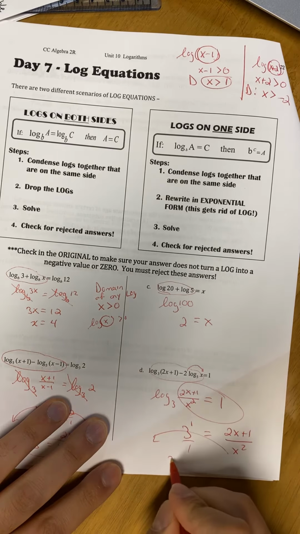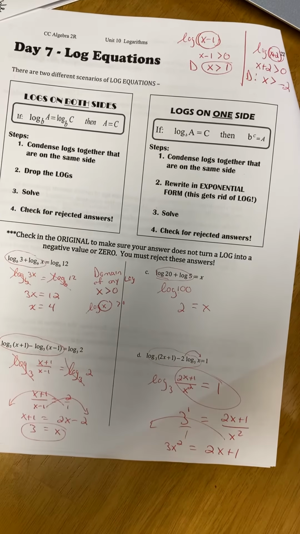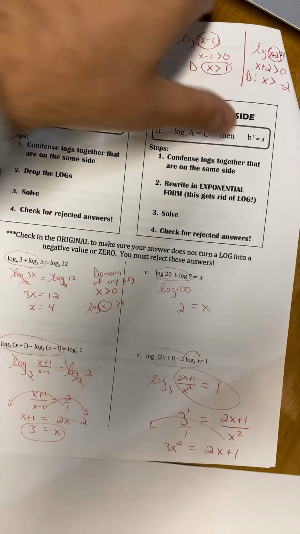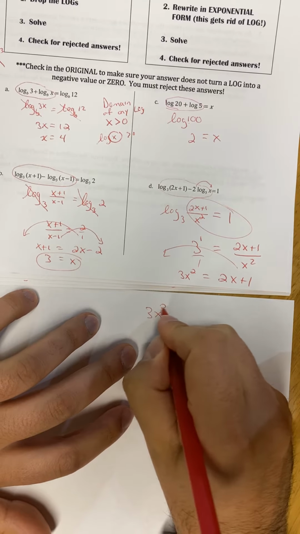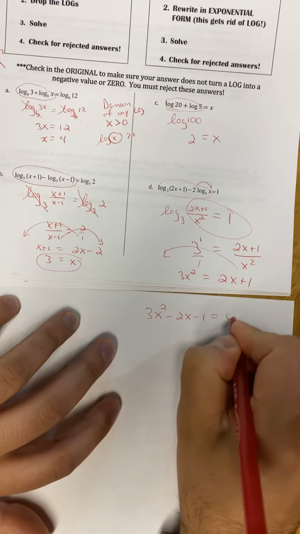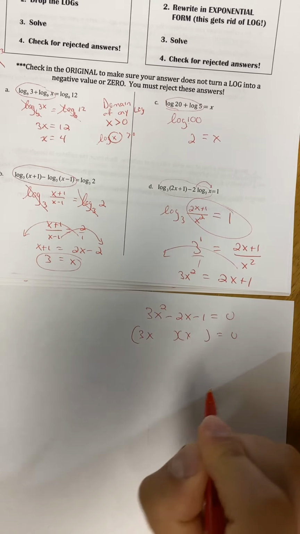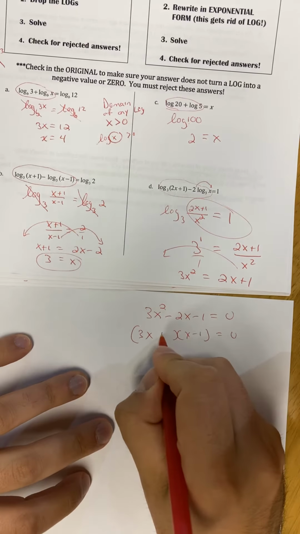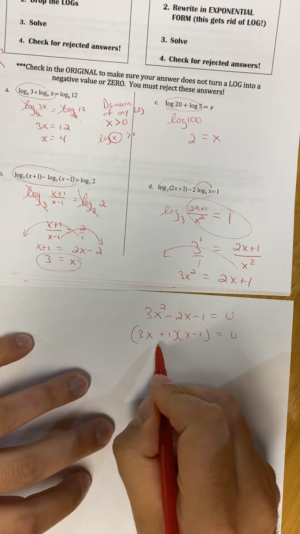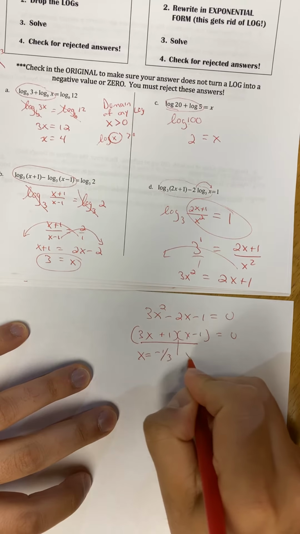Cross multiply. 3x squared equals 2x plus 1. And I have to solve this. So 3x squared minus 2x minus 1 equals 0. Let's see if this factors. Yep. So x equals negative 1/3, x equals 1.